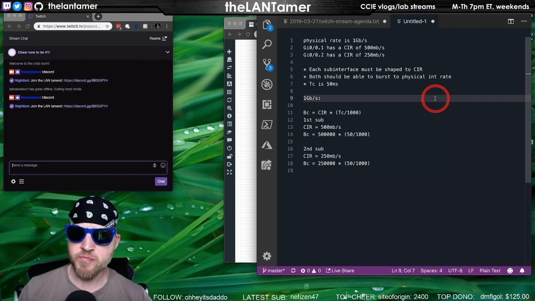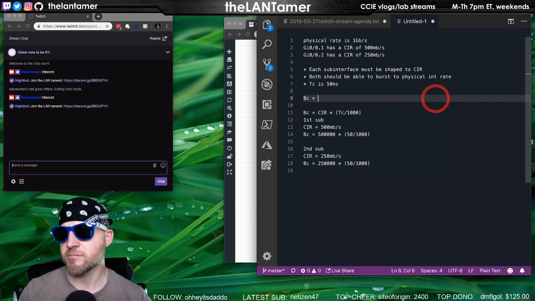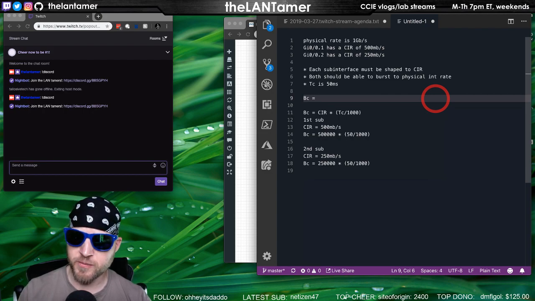So the BC in this case would be, oh, sorry, I erased my formula here, didn't I? No. So what we have to do is say, all right, if the BC is this many bits, we have to subtract that from the interface rate to get the BE.